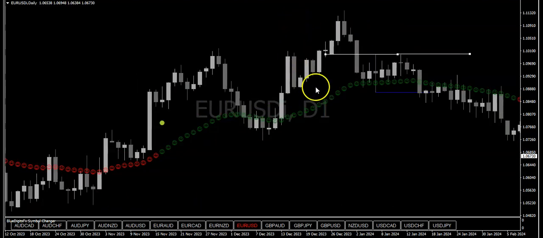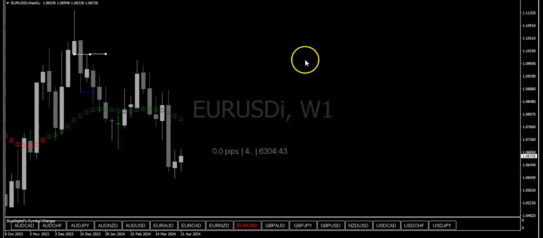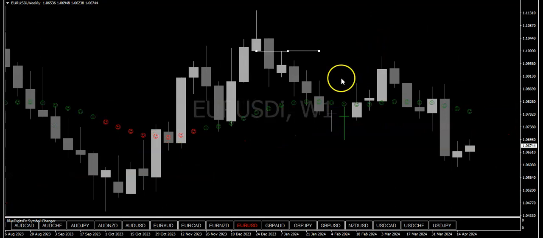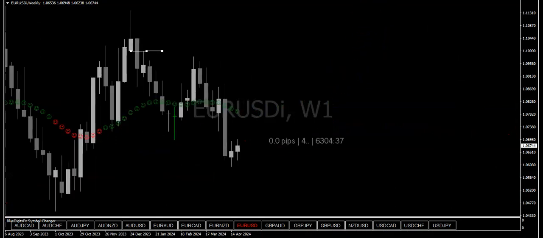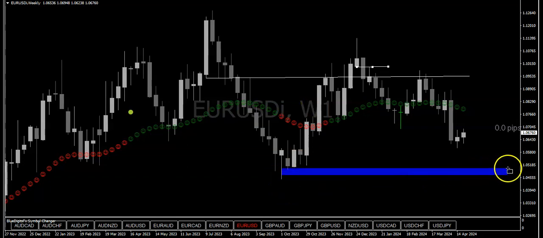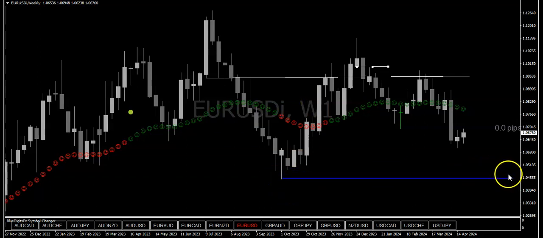Why? Let's go to the weekly time frame, right? Let's blow this thing up a little bit. Overall, we got the same thing right here. So where it reversed from, most likely it's going to get taken out right here at some point, right?